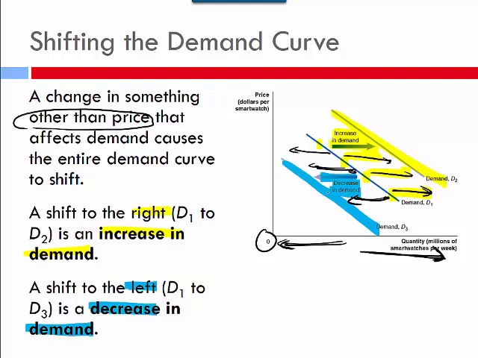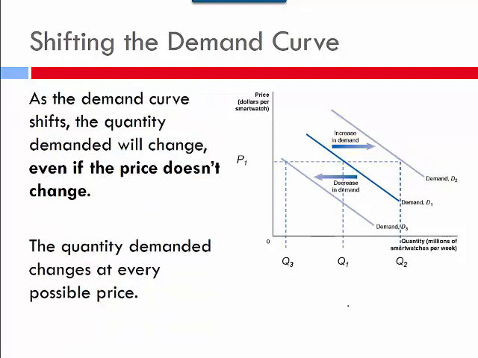I'm pointing, but you can't see me, right? So the demand curve shifts, and the quantity is going to change even if the price doesn't change. I started right here at price one. Let's say it's $300. So if there's an increase in demand and everything's shifting out to the right, we've got this new demand curve.